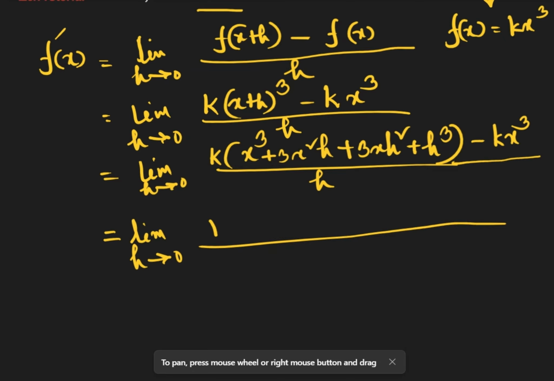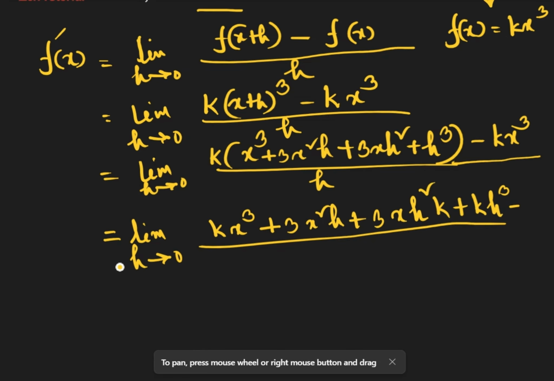So this will be kx cube plus 3x square h plus 3x h square k plus k of h cube minus k of x cube.